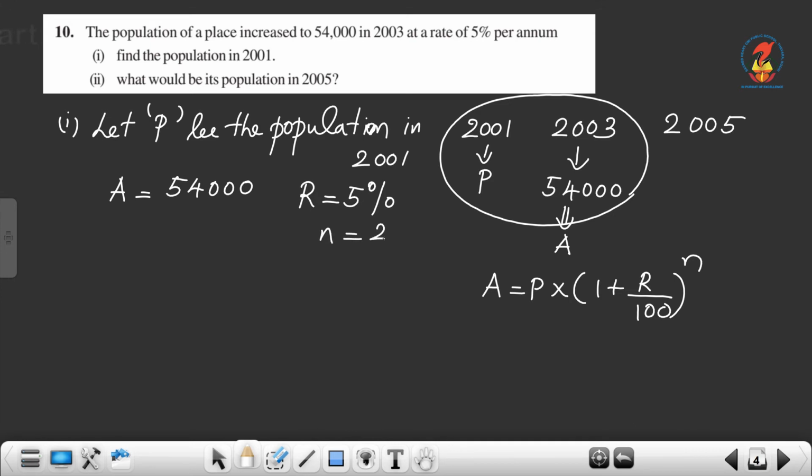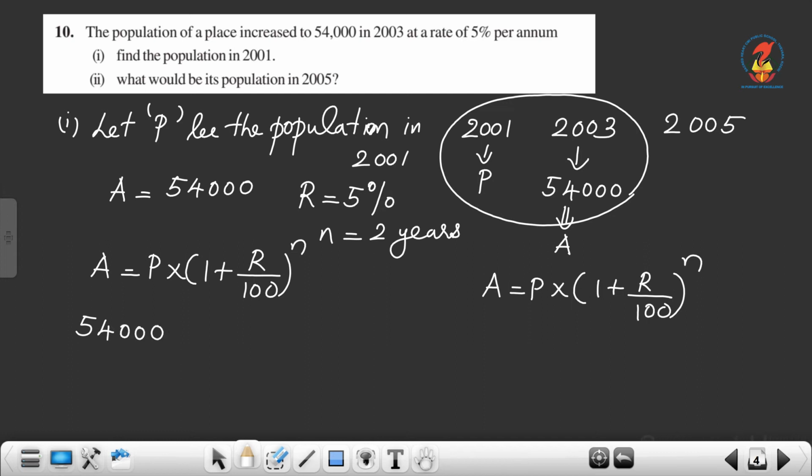Therefore number of years is equal to 2 years. So the formula is A equal to P into 1 plus R by 100 whole raised to n. A is 54,000. So we can substitute there. 54,000 is equal to P into 1 plus R is 5 by 100 whole raised to 2.